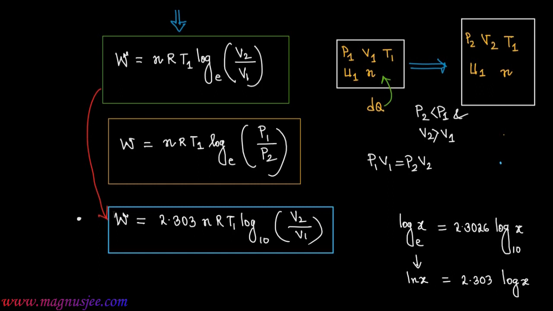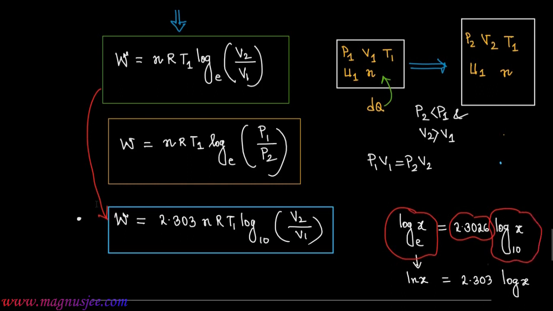So these are the expressions of work done in isothermal expansion of an ideal gas.